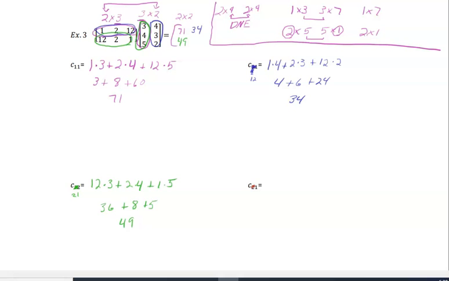And lastly, this is 2, 2, row 2, column 2. So first element 12 times first element 4, plus the second element 2 times the second element 3, and the third element times the third element. So I have 48 plus 6 plus 2, and that is 56.